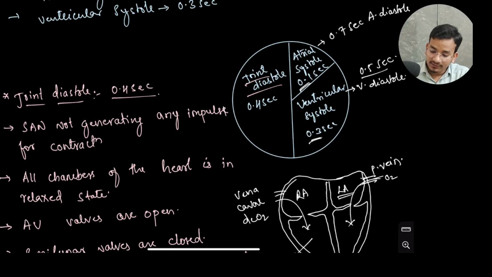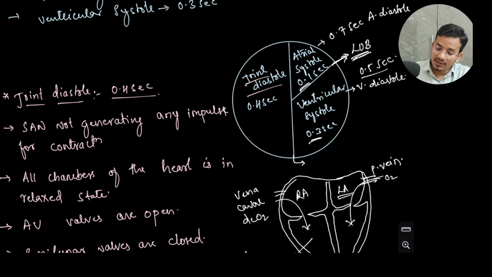And you can see at this point the lub sound is produced, at the beginning of ventricular systole. This is the beginning of ventricular systole, so the first heart sound, lub, is produced here, whereas at the beginning of joint diastole, which includes ventricular diastole also, the dub sound is produced.